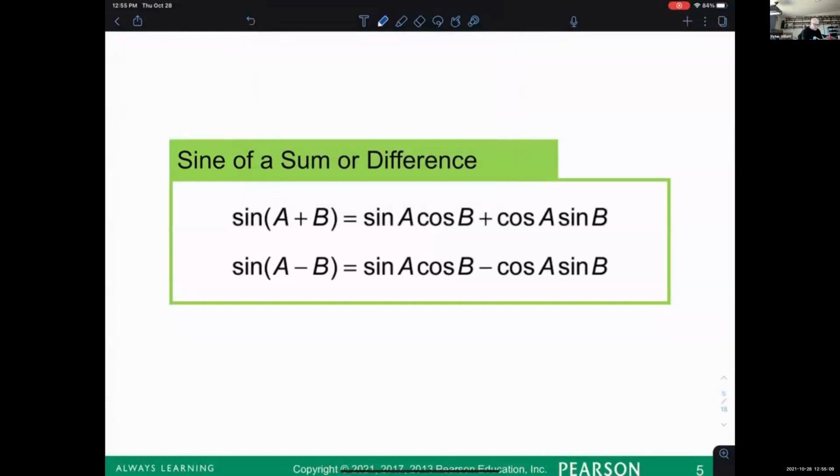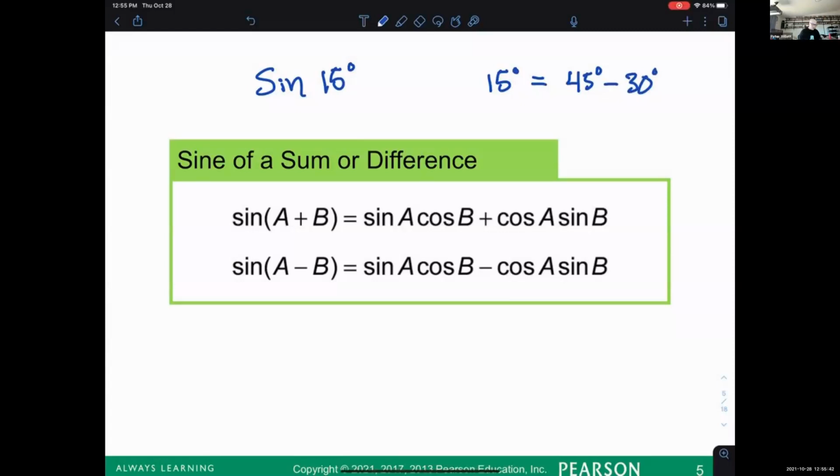So let's say I was trying to find the sine of 15 degrees, similar to what we did before with the cosine. We could recognize that 15 degrees is 45 degrees, which is an angle we know for the sine function and for cosine, minus 30 degrees, also an angle that we know. And if I take that difference, I get 15 degrees.